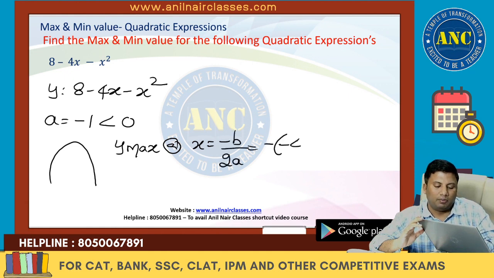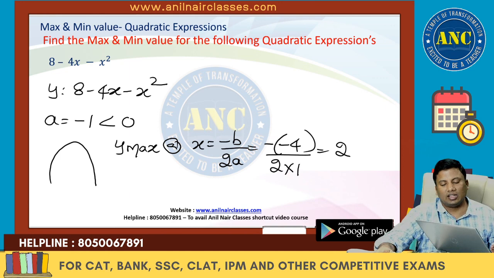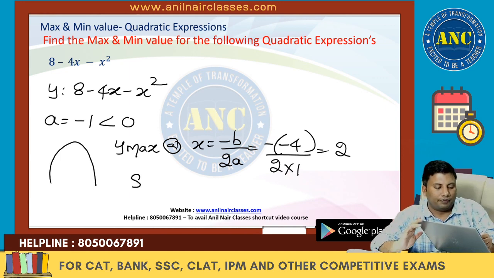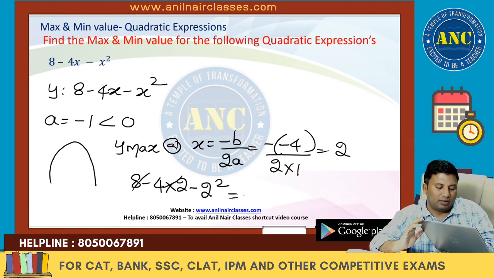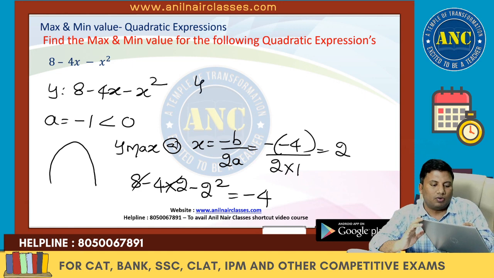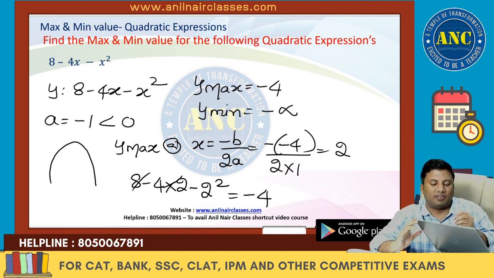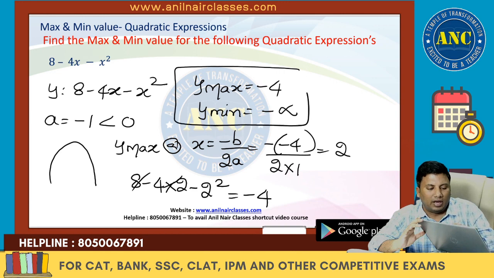B is minus 4, 2 into a, which is nothing but minus 2, so at x equivalent to minus 2, 8 minus 4 into minus 2 minus minus 2 square, which is nothing but 12. So y maximum value is 12. The graph is coming downwards, so minimum will be minus infinity.